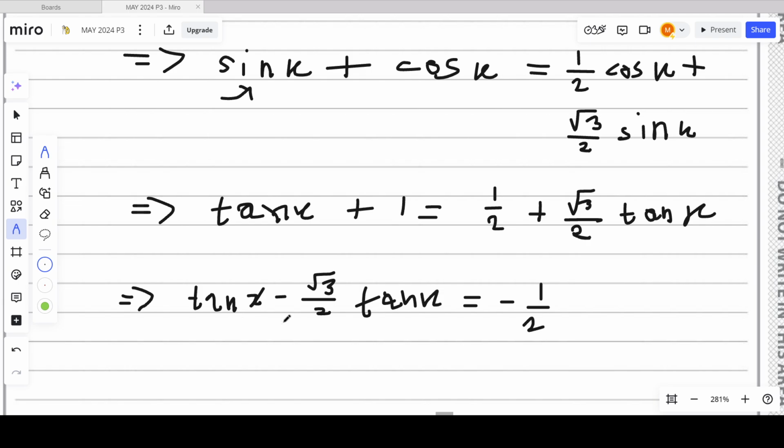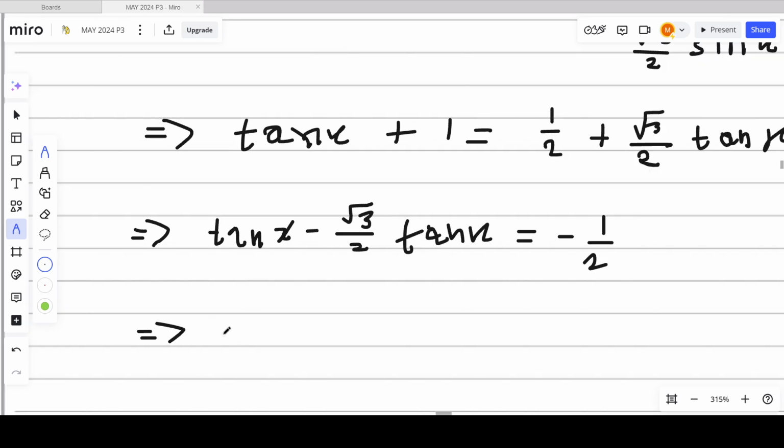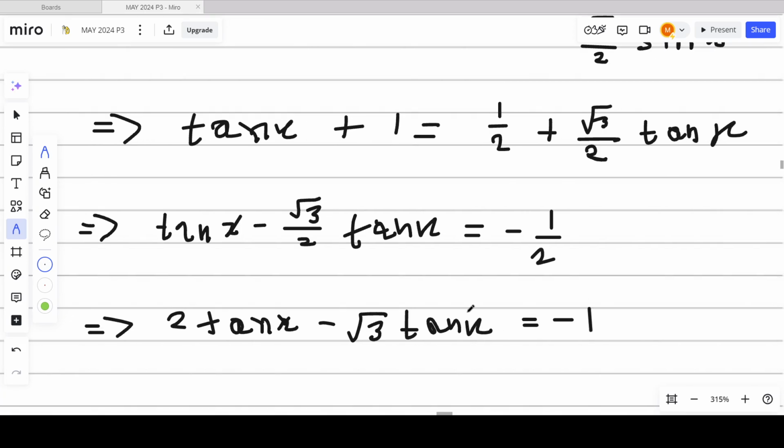Now multiply both sides by 2: 2 tan x minus square root of 3 tan x equals negative 1.